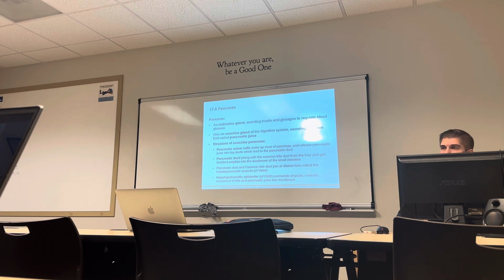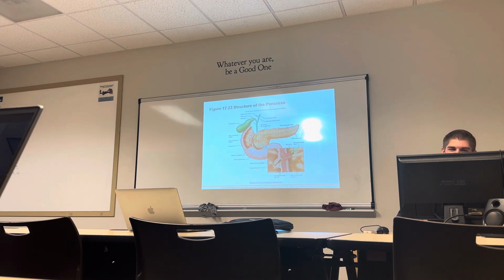And what else goes through that sphincter? The bile from the gallbladder. Yes, very good. Excellent. Alright, so here's a picture of the structure of the pancreas. Right there, remember there's the chicken tender?